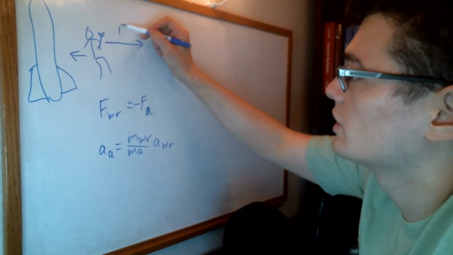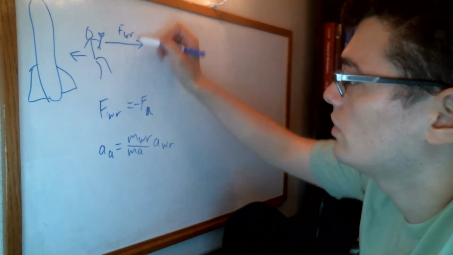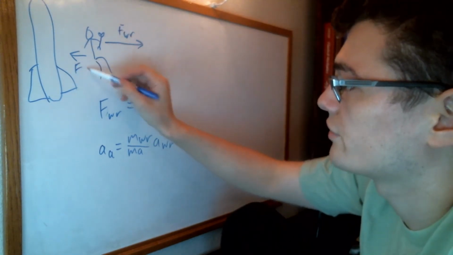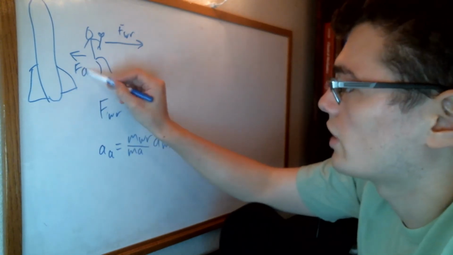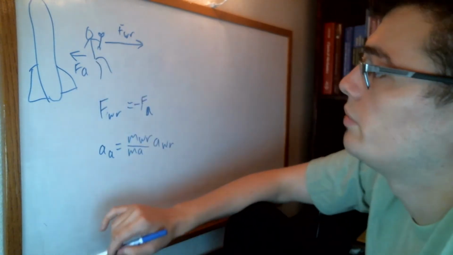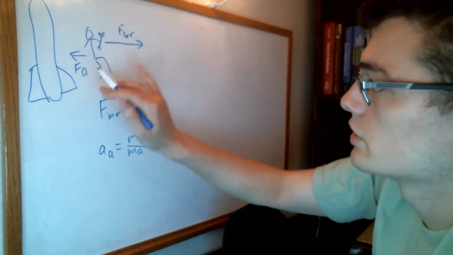So this is going to be our F_WR, and this is going to be our F of the astronaut. These are going to be equal, but they're not drawn to scale.